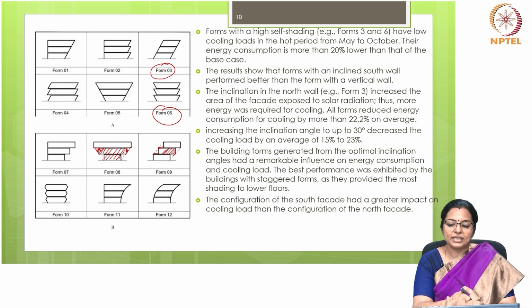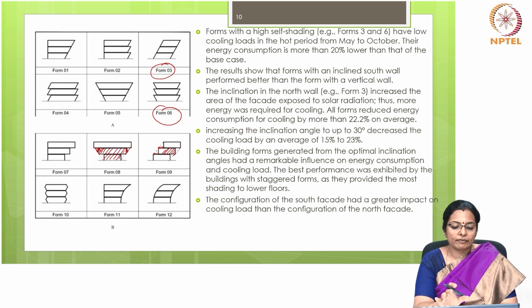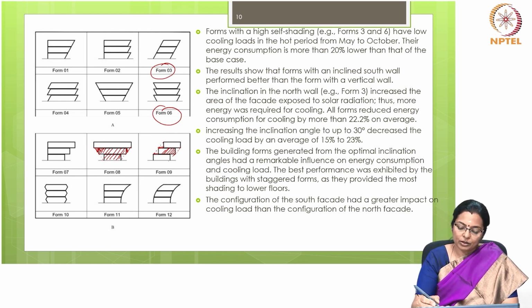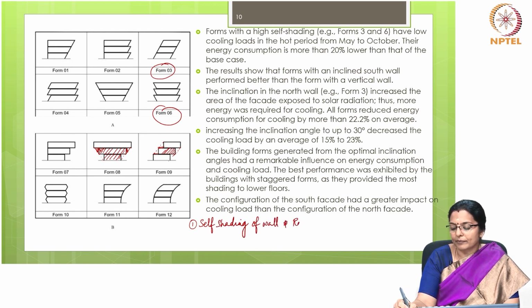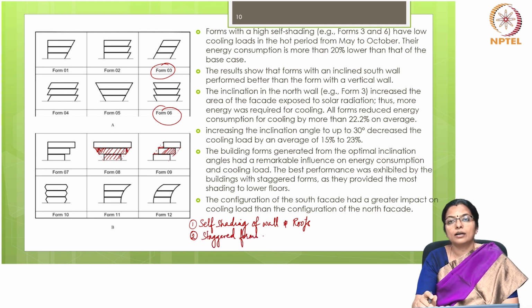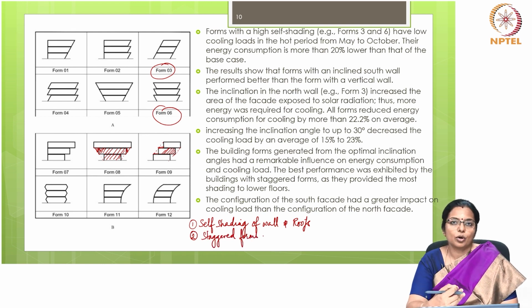So, there have been several studies which have clearly said that two aspects. One is self-shading of walls and roofs, especially with staggered forms, provides best insulation from heating.